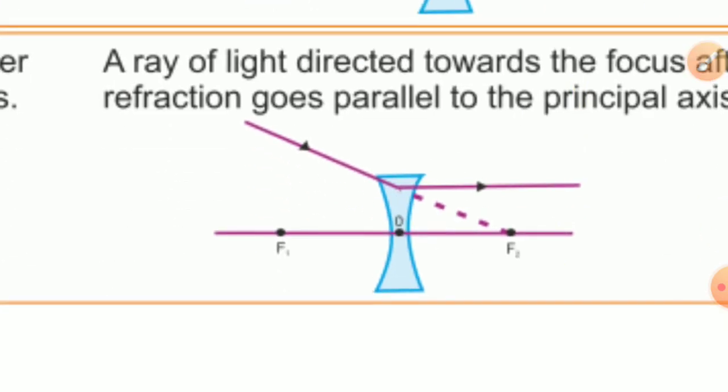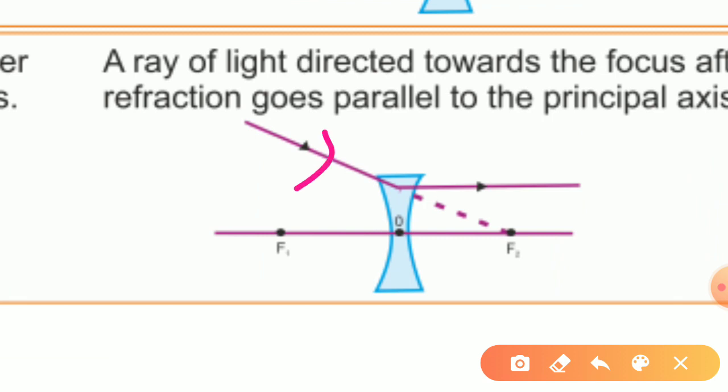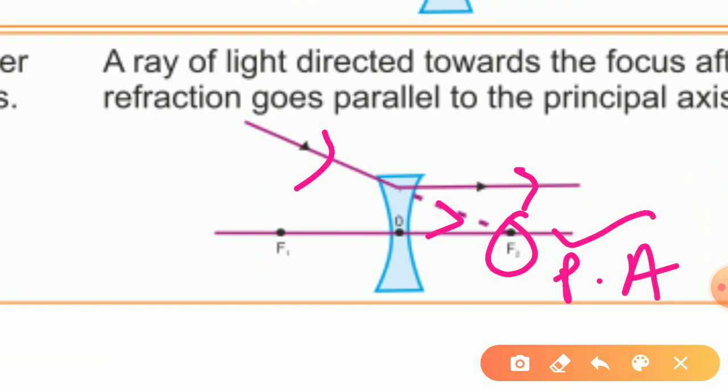Again, the last one, this is a ray of light. If it would have gone straight, from which point would it have passed? The focus. So a ray of light that appears to be passing through the focus, after refraction becomes parallel to the principal axis.